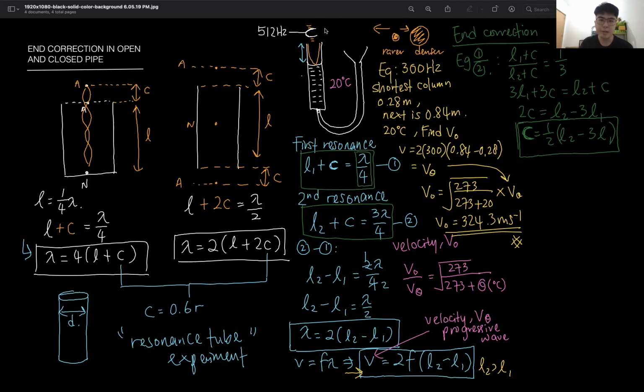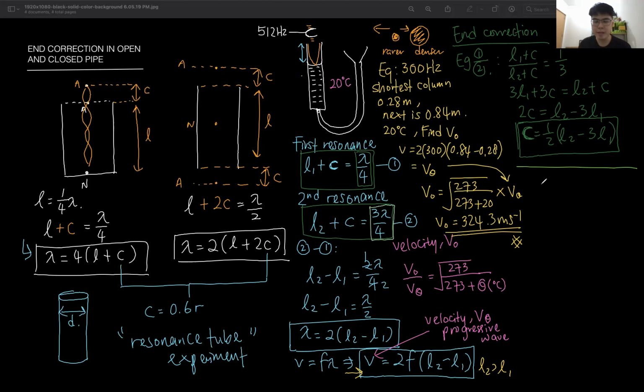Here, I draw a line. If the first loud sound that I hear is the second harmonic, that means this one, 3 lambda over 4.